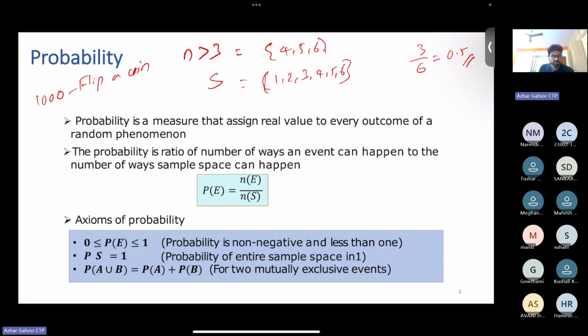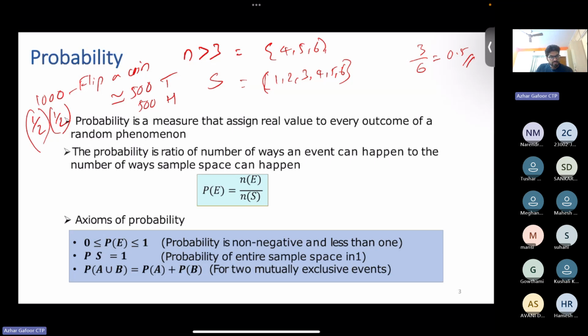If we flip a coin 1,000 times, we can see that approximately 500 times we'll get tail and 500 times we'll get head. So that's how we reach the conclusion that the probability of getting head when tossing a coin is 1 by 2. And it's the same for getting a tail also. So it's 1 by 2.